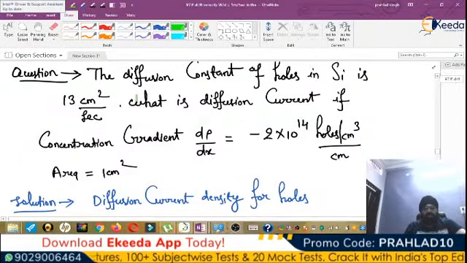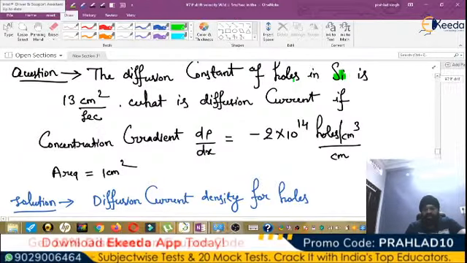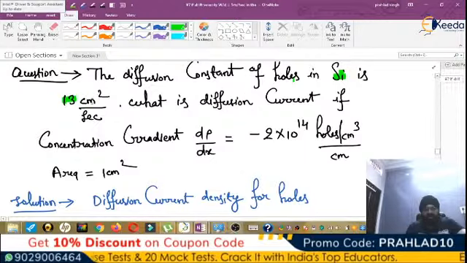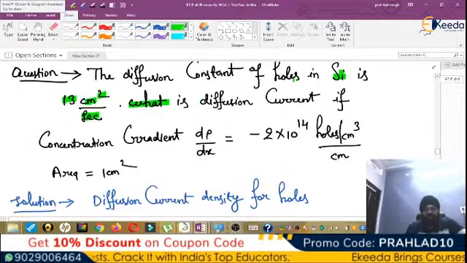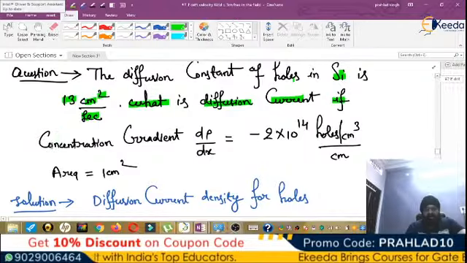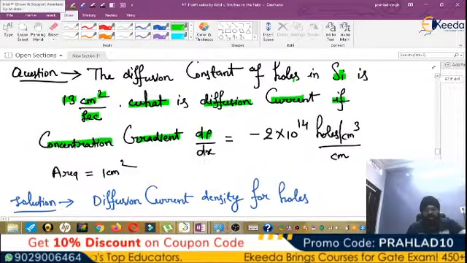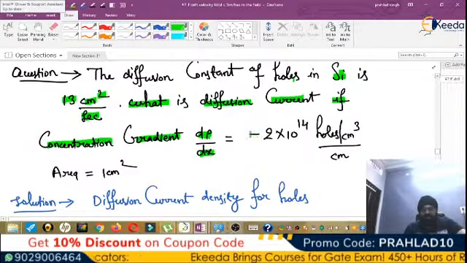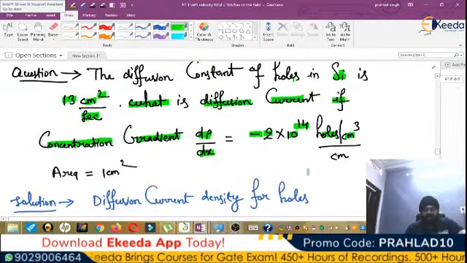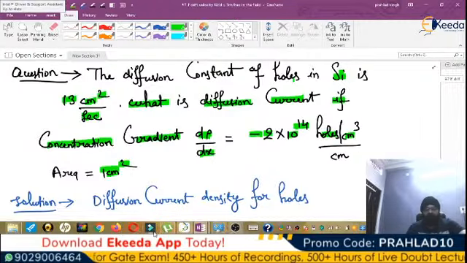The diffusion constant of holes in silicon is 13 centimeter square per second. Then what is the diffusion current if the concentration gradient dp over dx is minus 2 into 10 to the power 14 holes per centimeter cube per centimeter, and the area is 1 centimeter square.